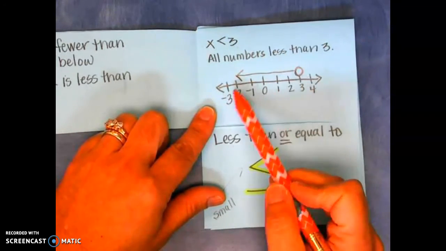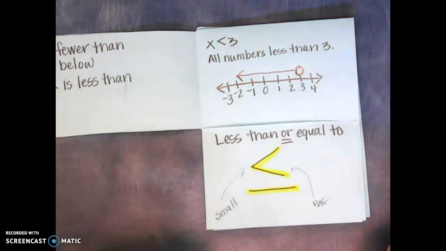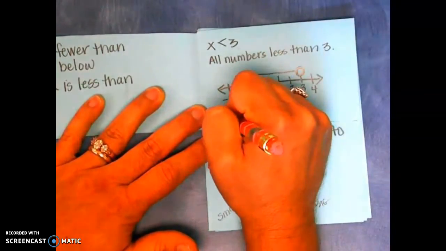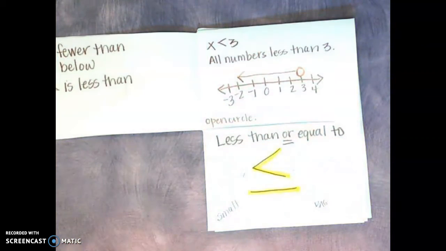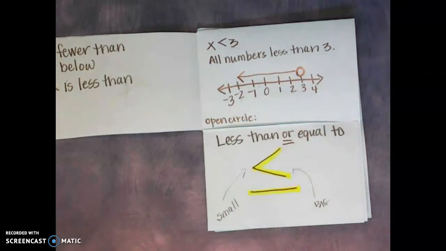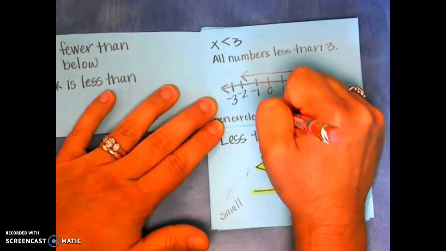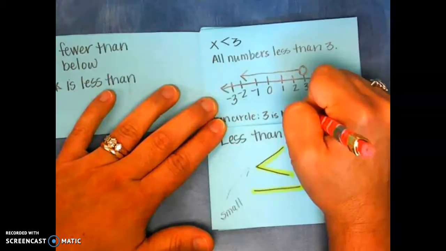All of the numbers on the left side of 3 are a possible solution. And again, I want to write down here that this is an open circle. Okay, and I just want to write it one more time. The reason why it's open is because 3 is not, make sure that word is big, not part of the solution.